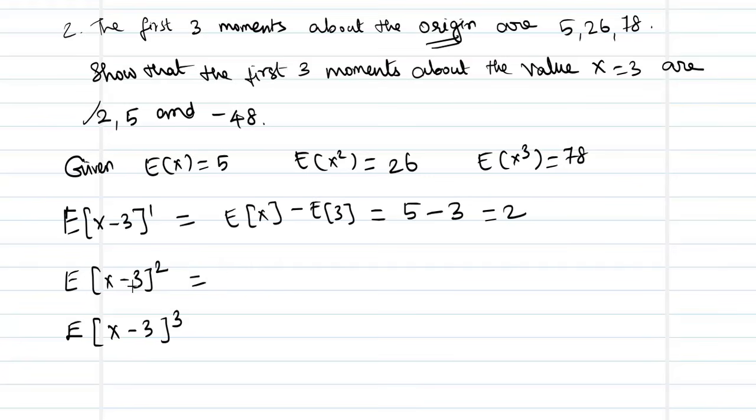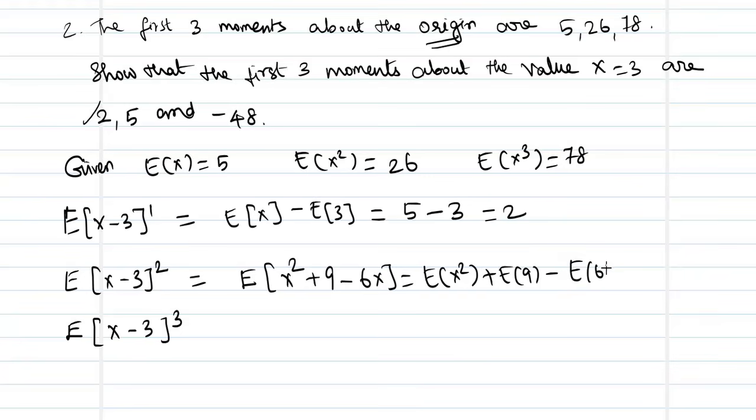Now moving to the second part, E of x minus 3 the whole square. So we have it as a minus b the whole square. So this gives us E of x square plus 9 minus 3 2s are 6x. Evaluating it for the individual terms, we have E of x square plus E of 9 minus E of 6x. Now we know E of x square has been given as 26.